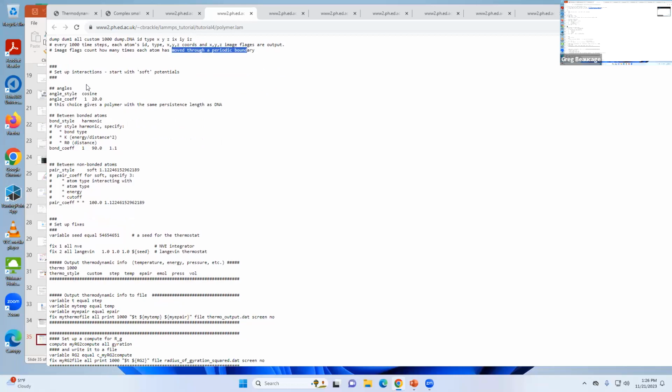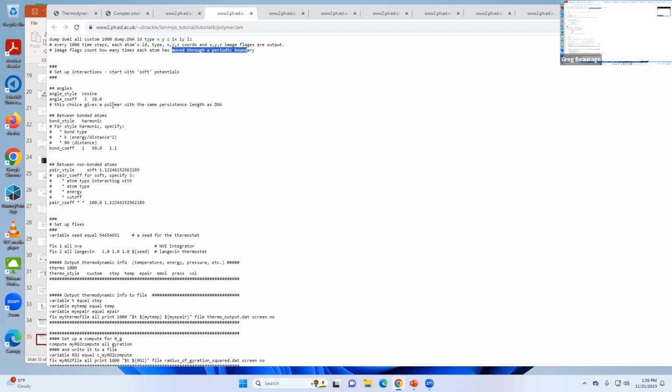Then separation, start assumptions, angles. Cosine. You haven't done this, so I think you have to give me the coefficient. I think the 20 is the coefficient for the first angle, angle 1, then 20 degrees or whatever.